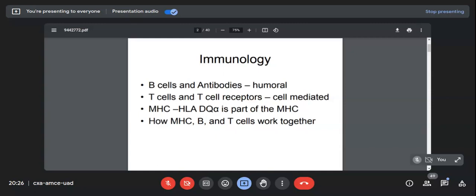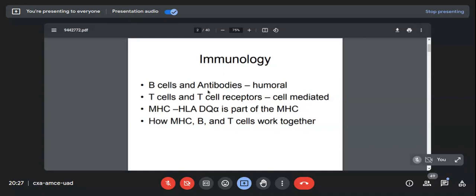So we're going to focus on B cells and antibodies as the first thing, and we're going to discover that B cells and antibodies are in a particular type of adaptive immunity. Adaptive immunity is in two types, or two categories in short. So B cells and antibodies are in a specific type of adaptive immunity known as the humoral type of adaptive immunity.